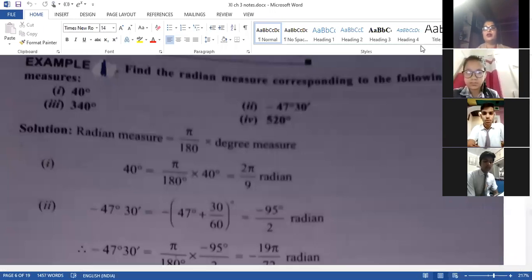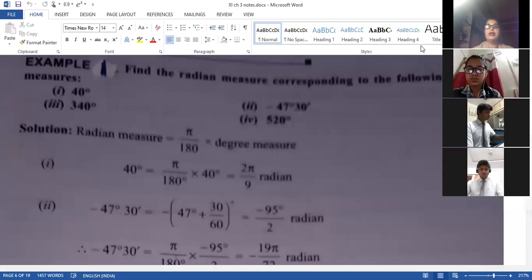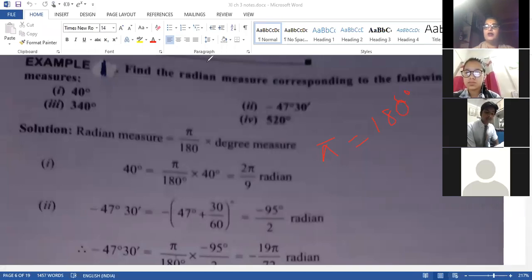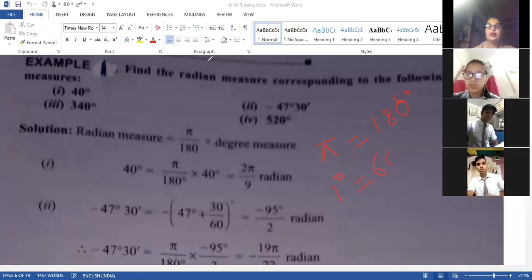So, first question: yesterday we revised that pi radian is equal to 180 degree. And what else have we done? 1 degree is equal to 60 minutes, and 1 minute is equal to 60 seconds.